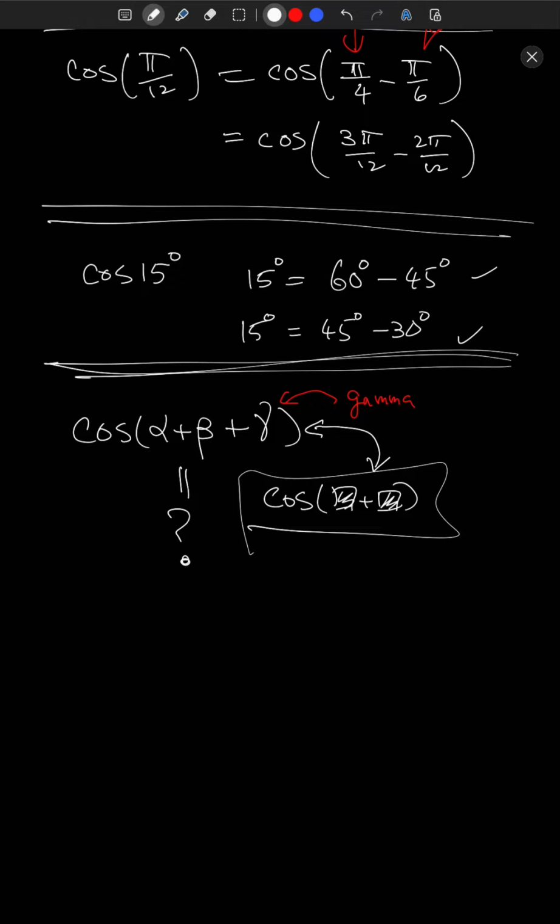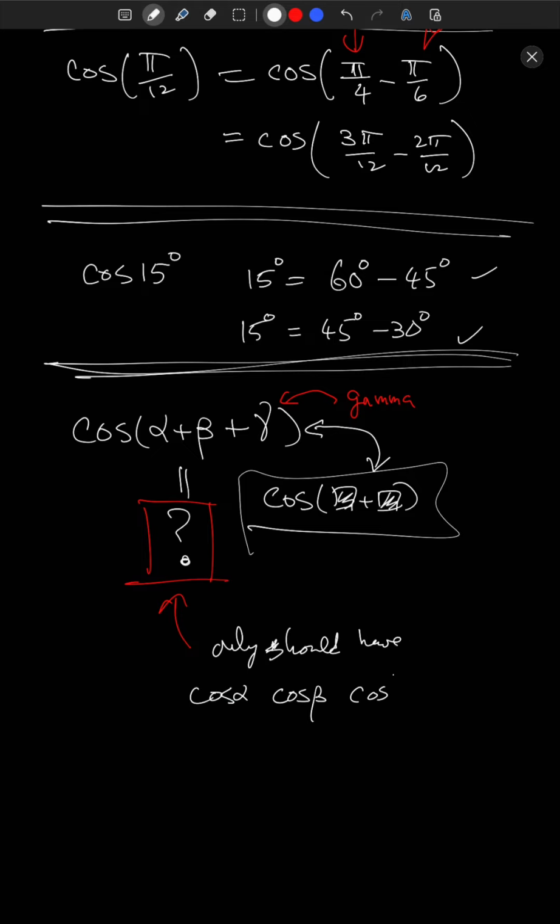The hint is to group the terms together, and then use the identity twice. And by the way, just to be more precise, I want this to have cosine alpha, cosine beta, cosine gamma, sine alpha, sine beta, sine gamma.